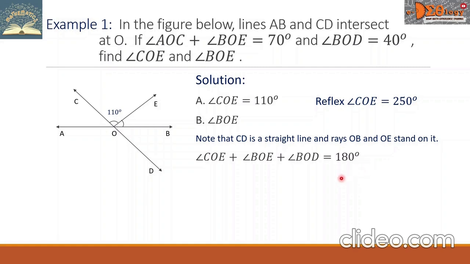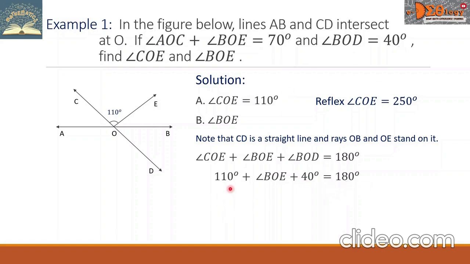We can substitute the values for angle COE and angle BOD. This angle COE is what we derived from A. So it becomes 110 degrees plus the angle BOE plus the angle BOD, which is given as 40 degrees, equals 180 degrees.